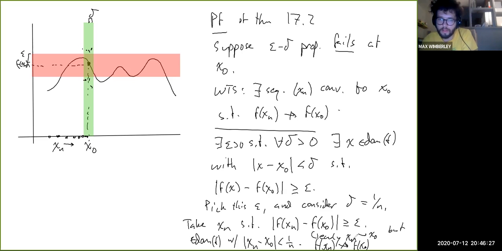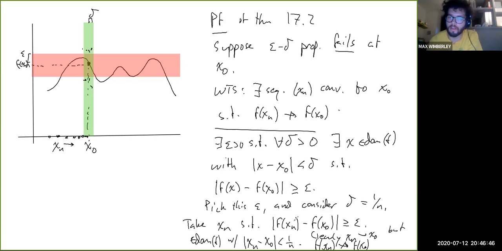Sorry for the cramped writing here, but I hope you see what I'm saying: by stating the negation correctly, we just chose a sequence converging to x naught such that f of xn does not converge to f of x naught.